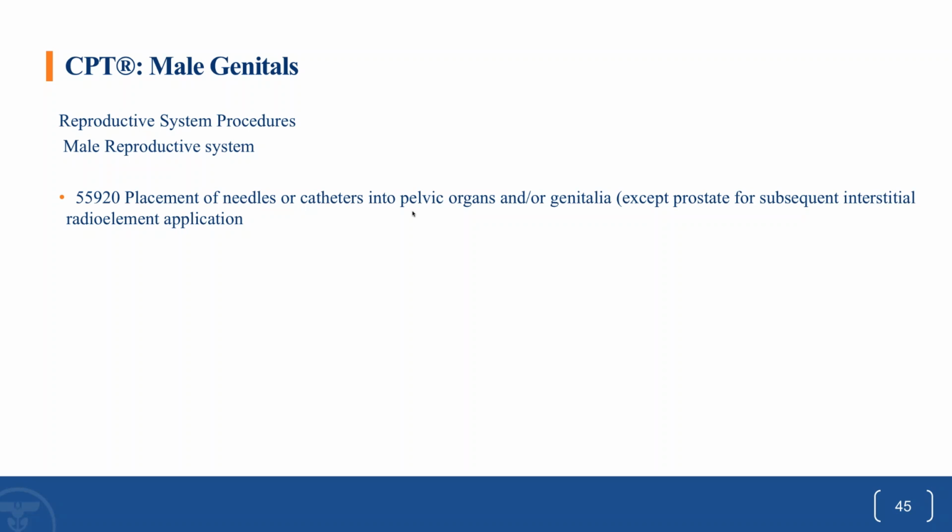Get your highlighters ready. 54406. All right. CPT code 54406, you're going to highlight removal of all components. Right? Removal of all components without replacement. Right? They're not putting them back, they're removing everything.